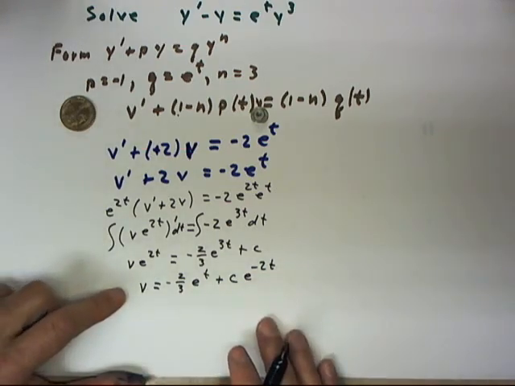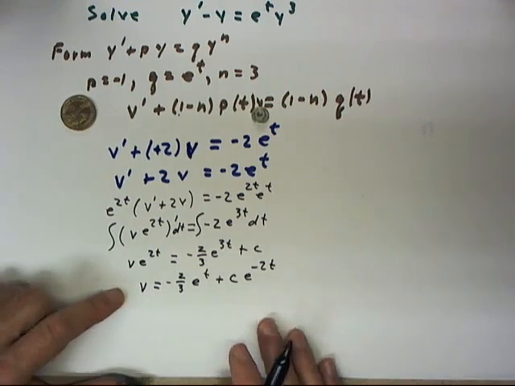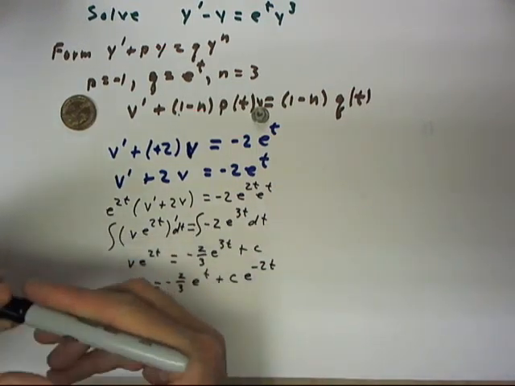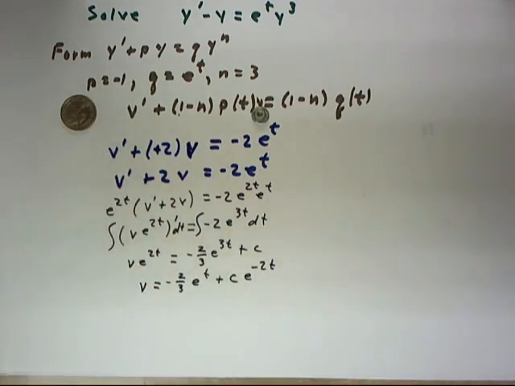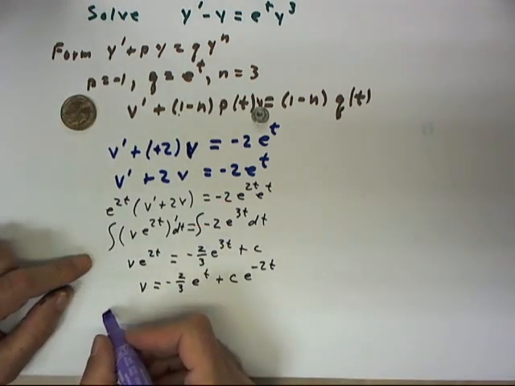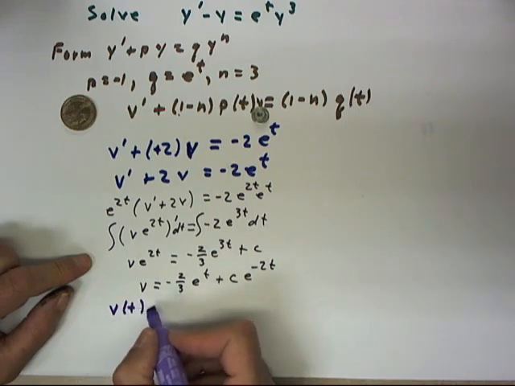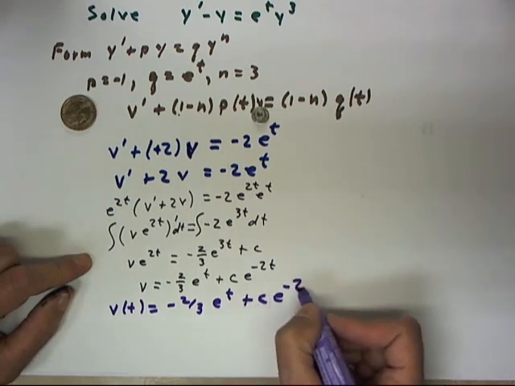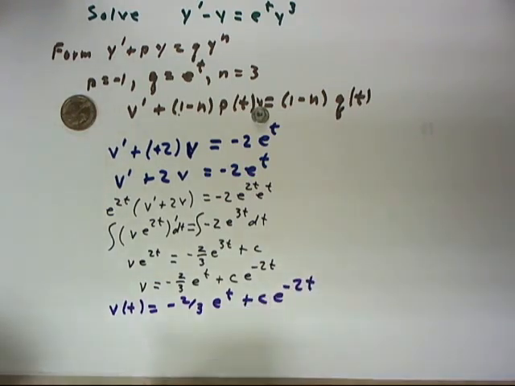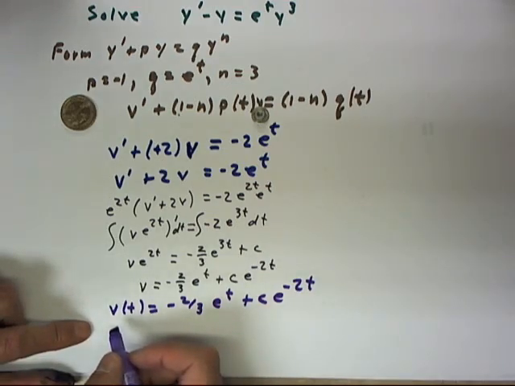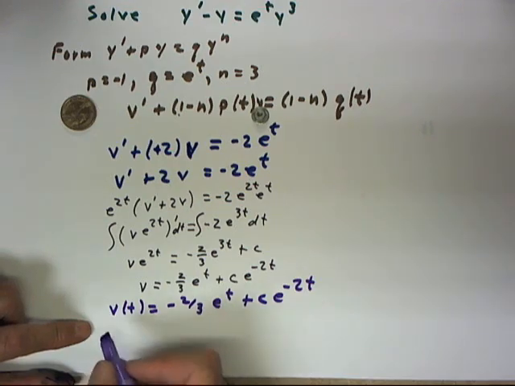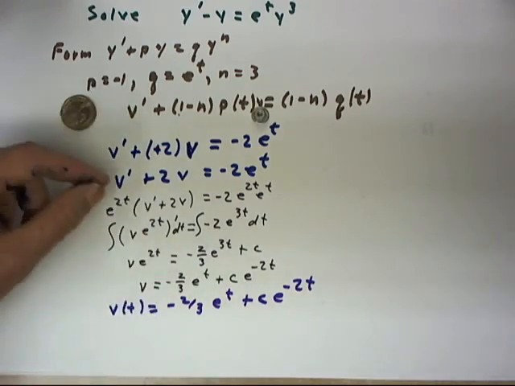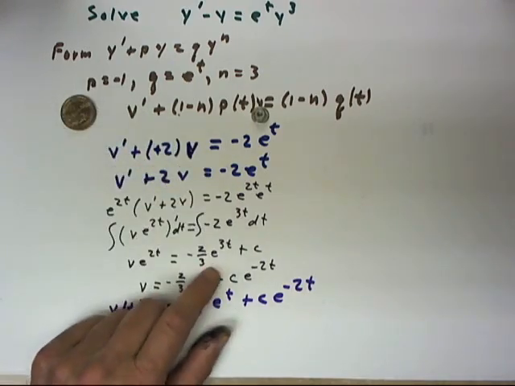Now we haven't imposed any initial conditions on this equation or in the last one we solved, but now we can write out the final steps, at least of our general solution. Okay, now just to make sure we see this, v of t equals negative 2/3 e to the t plus c e to the negative 2t, and the original substitution was v equals y to the m.